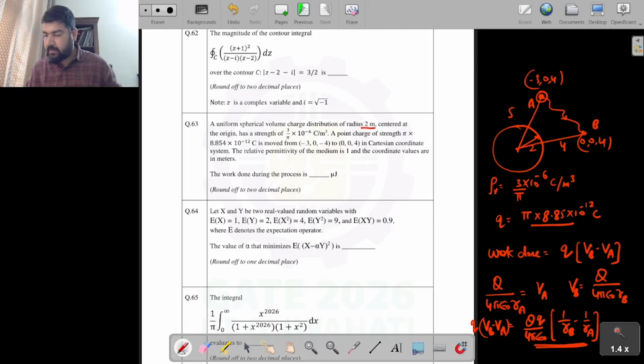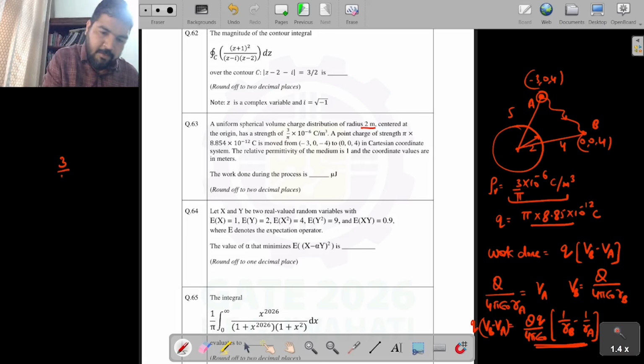So how to find this value? It's very easy. What is the total charge Q? The total charge Q is the volume charge density into the volume of this sphere. Since it is constant, you can just multiply with the volume to calculate the total charge. So it will be 3 by pi into 10 to the power minus 6 into 4 by 3 pi r cube.